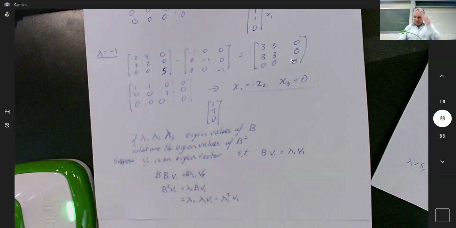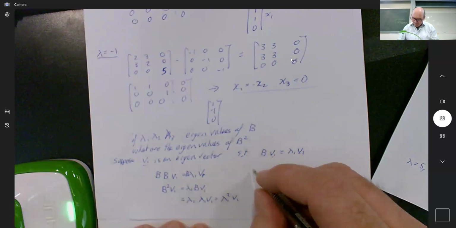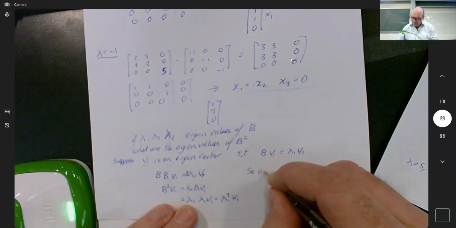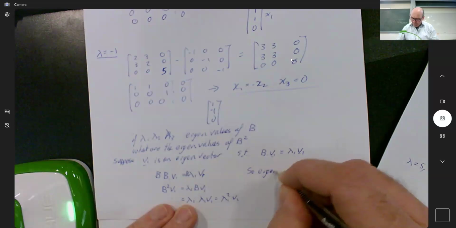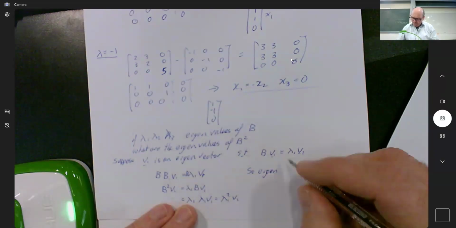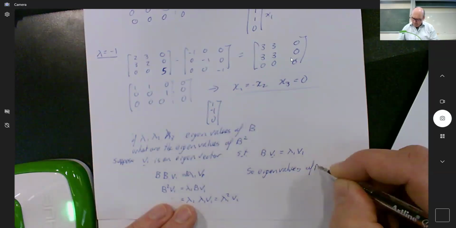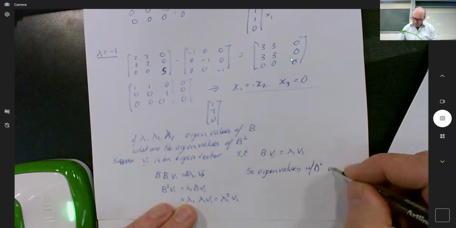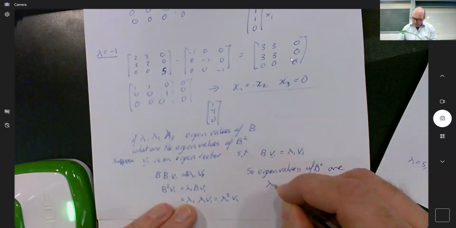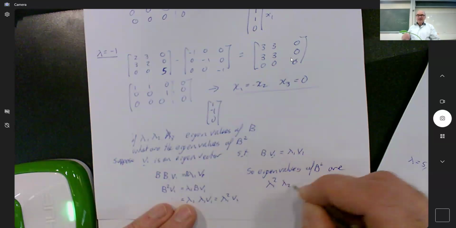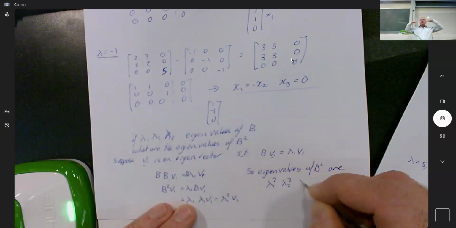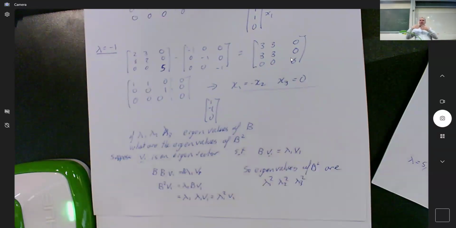So I can know, if I know the eigenvalues of a matrix B, I can know the eigenvalues of B squared.